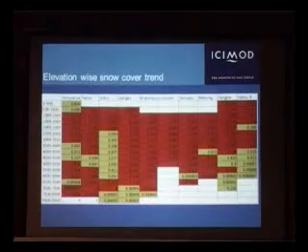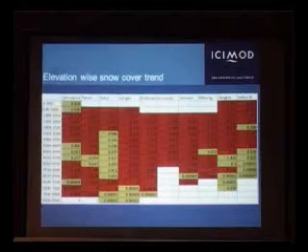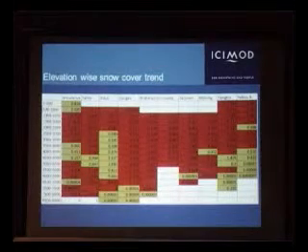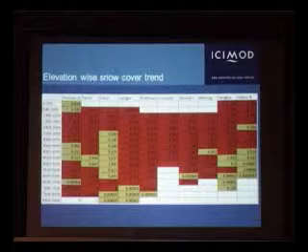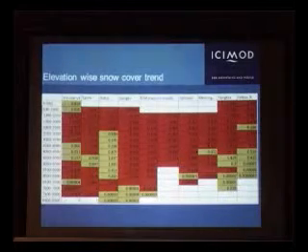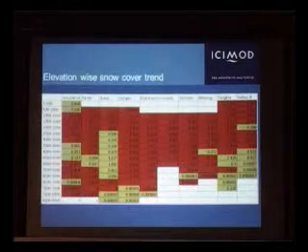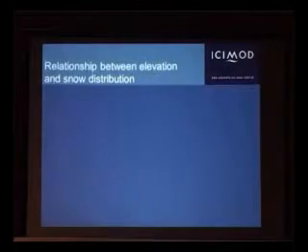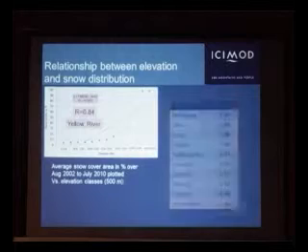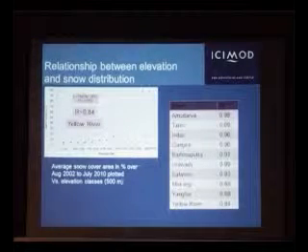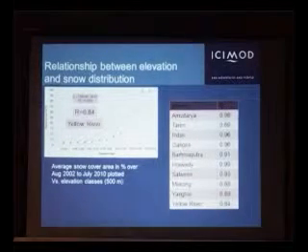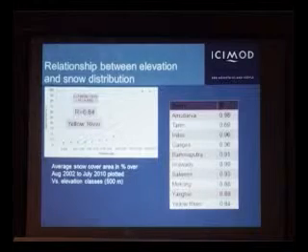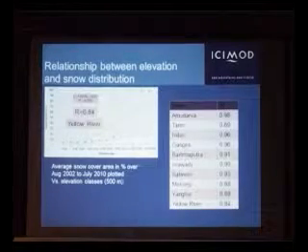Based on the elevation also, I tried to do this. I got a snow cover percentage for every 500 meters and saw in all the different 10 basins how it features. This is also one of them, to see how the elevation class relates to the percentage distribution of the snow cover.